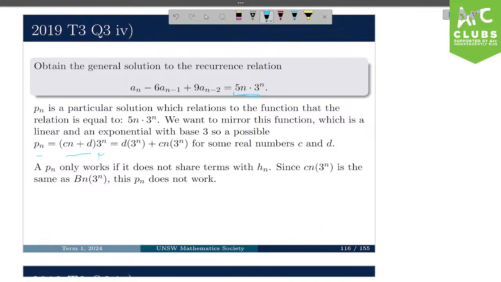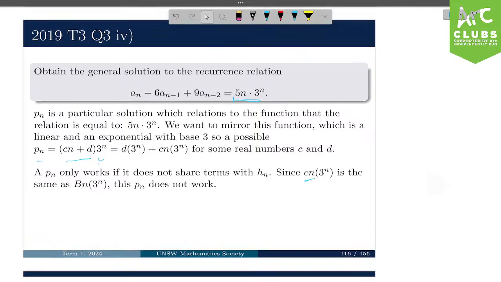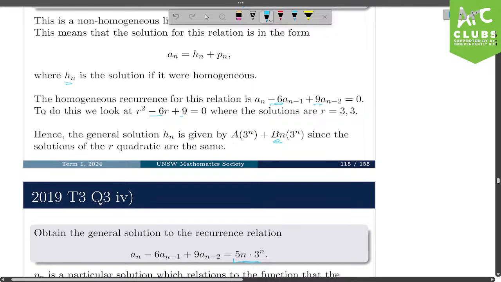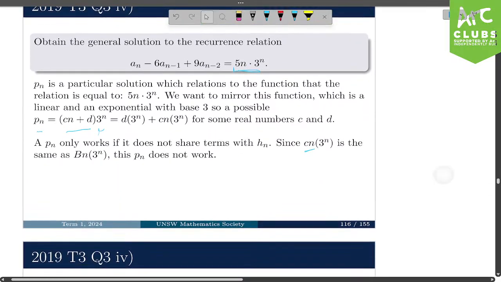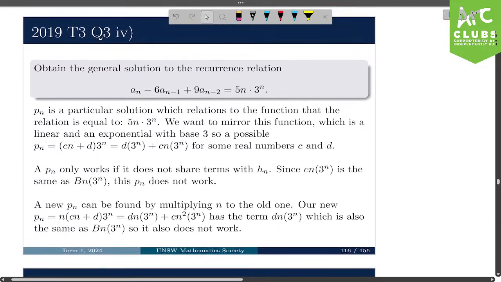But it only works if it doesn't share terms with our H_n, because otherwise it would interfere with our homogeneous solution. Since our c n is the same as the b n here, our original P_n doesn't really work. So what we do is multiply it by n.